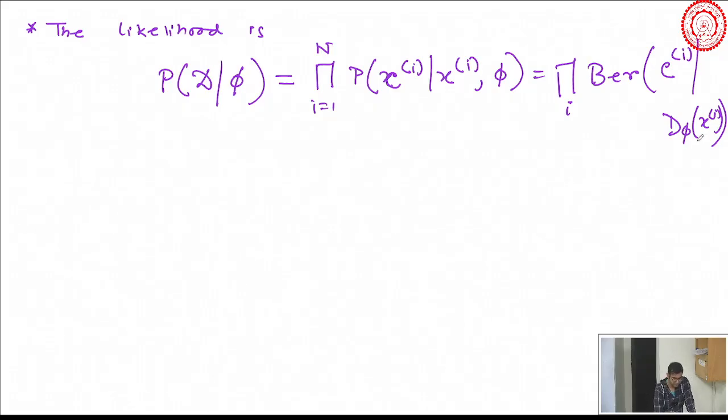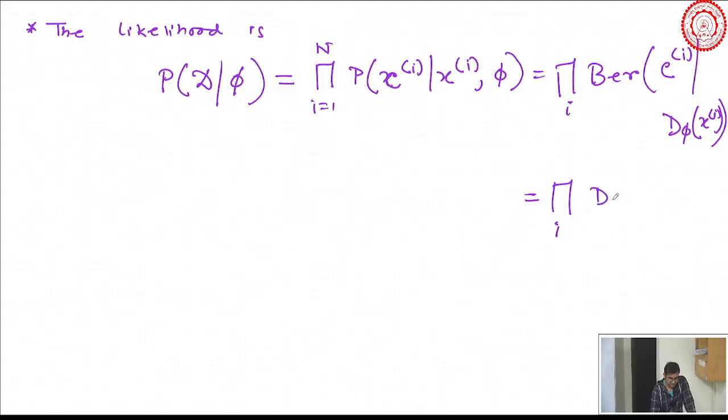And now, if that is the case, let me write one more equation. So this is equal to, what is the Bernoulli PMF? Can someone tell me? P. What is P here?